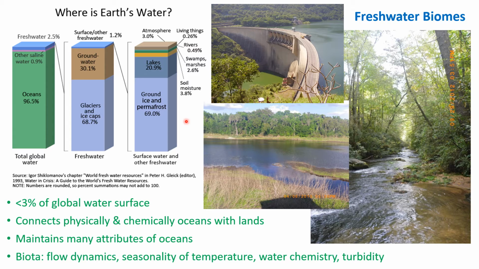So that particular proportion that I circle here with my pointer, the water available through lakes, rivers, wetlands, in the atmosphere, and within living organisms, is the most biologically available water, which sums up to something slightly over 30% of all the surface water available.